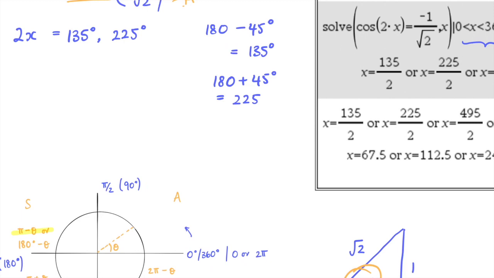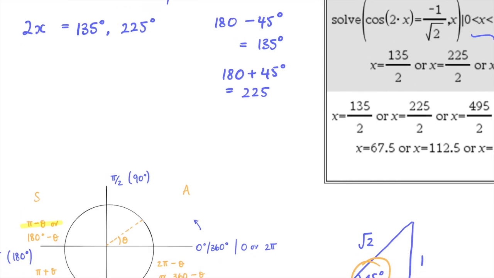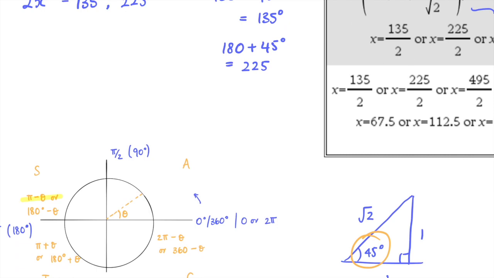Now we have two more solutions, and the way that we find that is basically add 360 degrees, which is a full revolution, to my first solution. And that's going to give me 495. Then I'm going to add 360 again to my second solution.